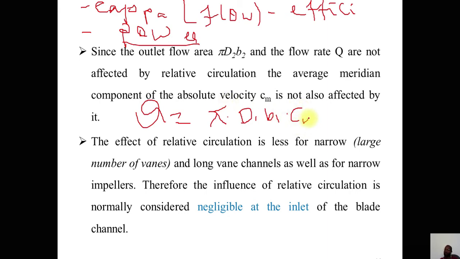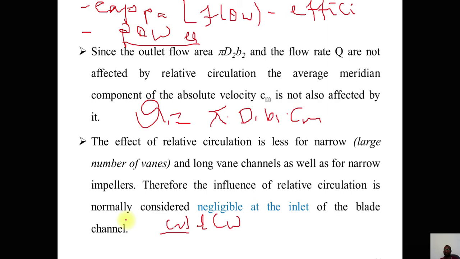This must be the flow velocity, the meridian velocity. As you observe, regardless of the exit, the influenced velocity is only C2U, the tangential velocity.